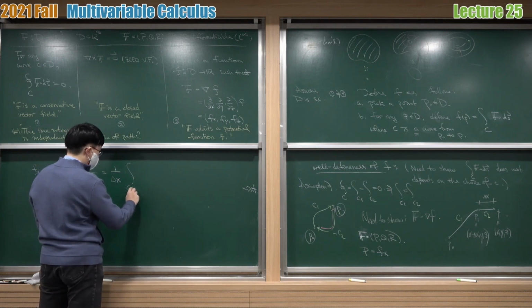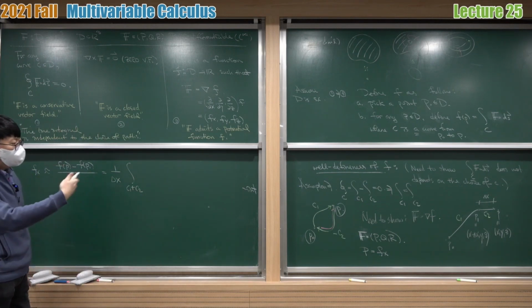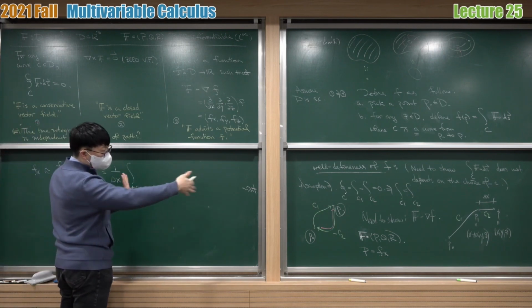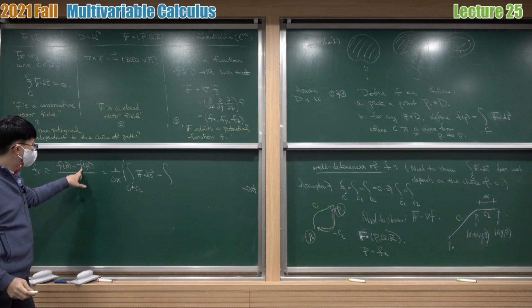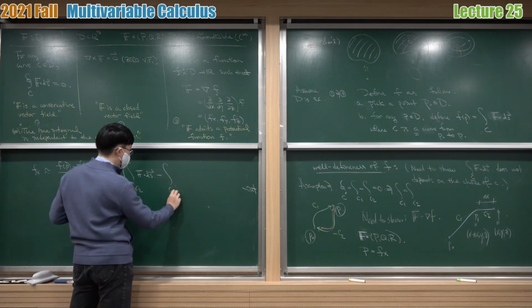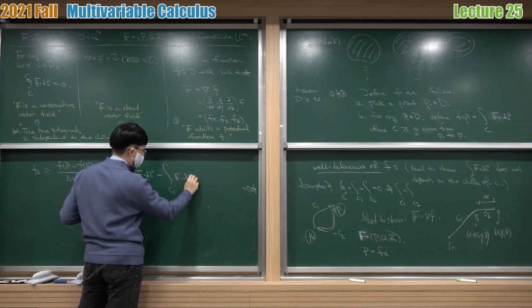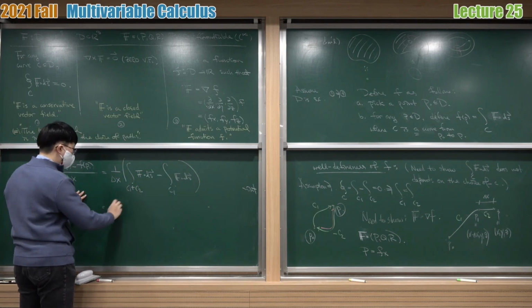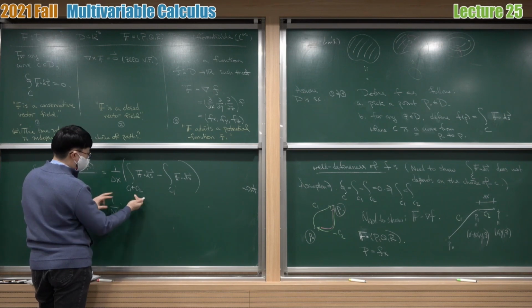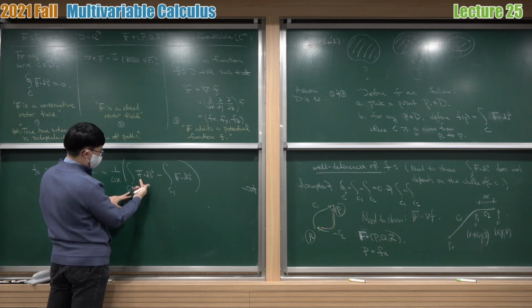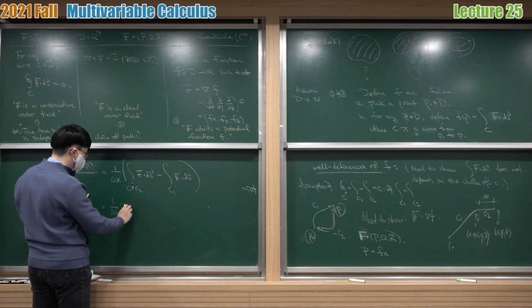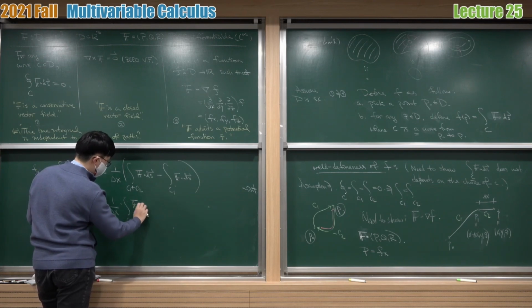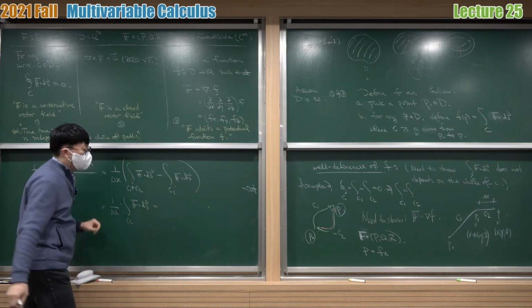If you want to find f of p, you have to take the line integration along C1 and C2. If you take the line integration to p1, you only take C1 here. There is a common line integration of this vector field along C1, so you can cancel out these two, leaving only C2.